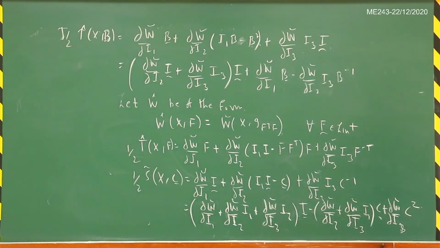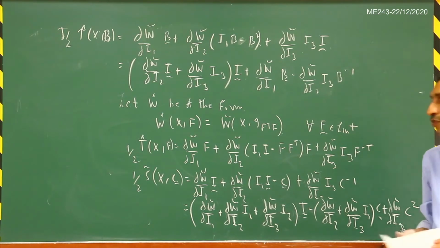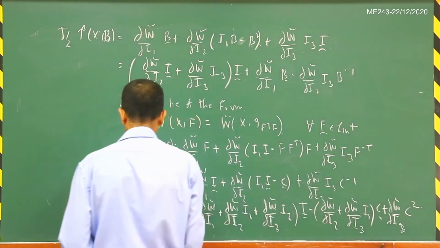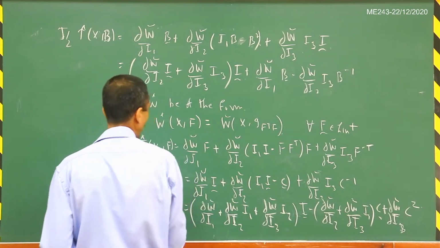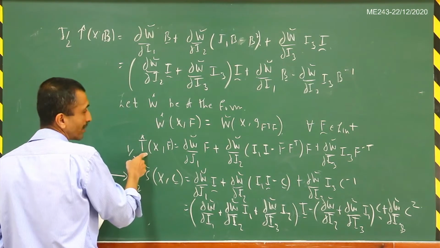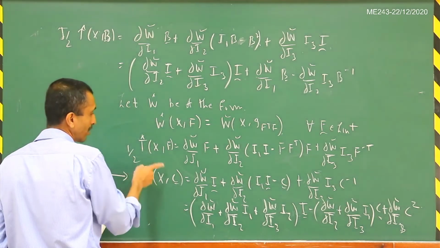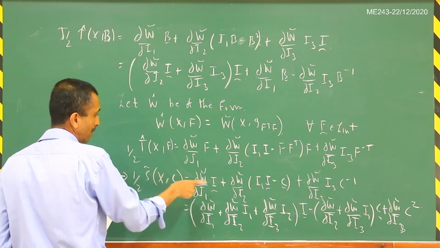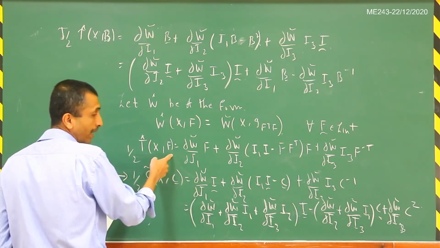After that, we will get all the remaining relations here using the relation between the first Piola-Kirchhoff stress and the Cauchy stress here. So what we will do is, we will first show this particular relation, then this relation will just follow because T is equal to F times S. If you just multiply this particular relation by F, you will get this particular relation.